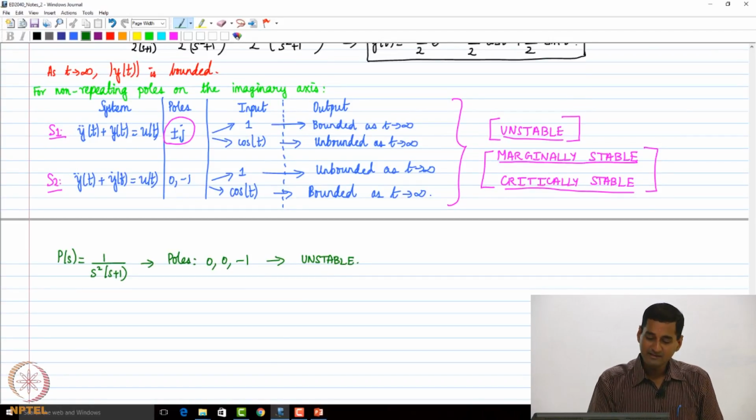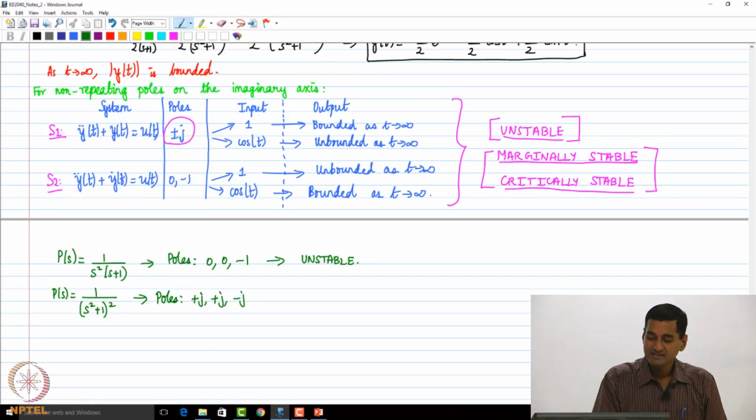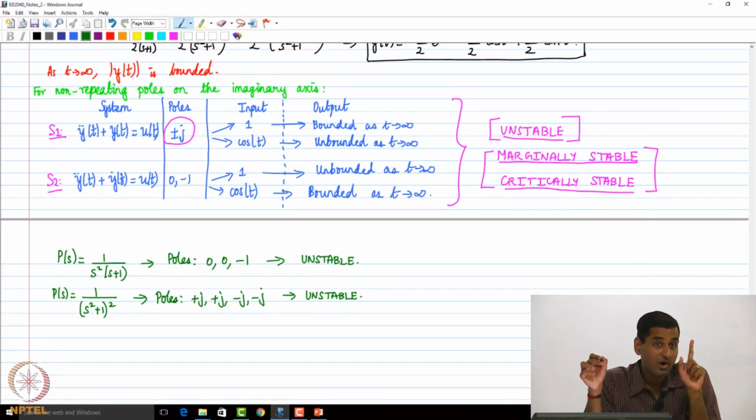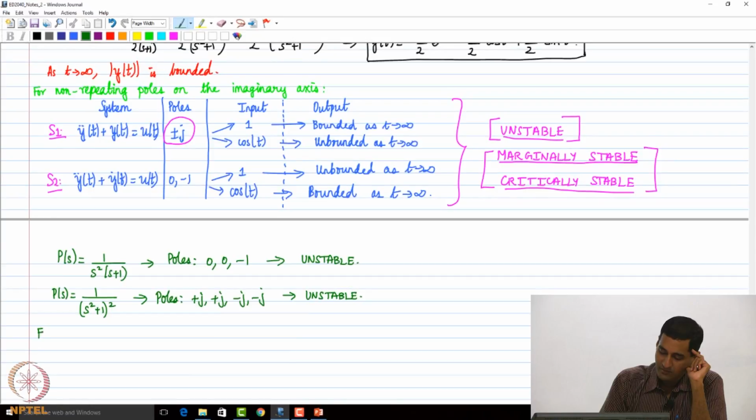Similarly, if you have another system where the transfer function is 1 divided by s squared plus 1 whole squared, the poles are plus j, minus j, repeated. Once again, this is unstable. So this concept of marginal stability or critical stability applies only if you have non-repeating poles on the imaginary axis. Then what happens for stability?